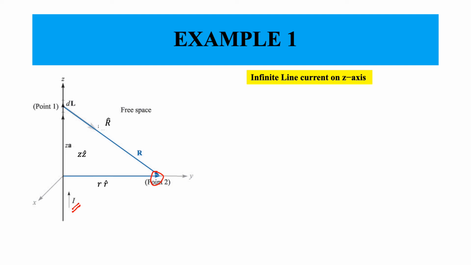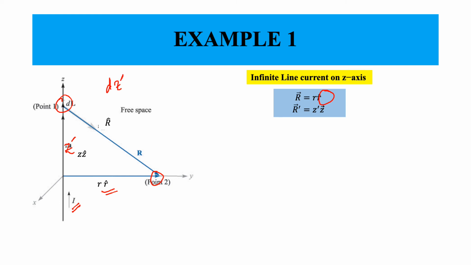So in cylindrical coordinates, how do we define vector r here? Vector r will be small r r hat, which is the radial direction along r. I am going to consider a small line segment which is at height z prime and has a length of dz prime.